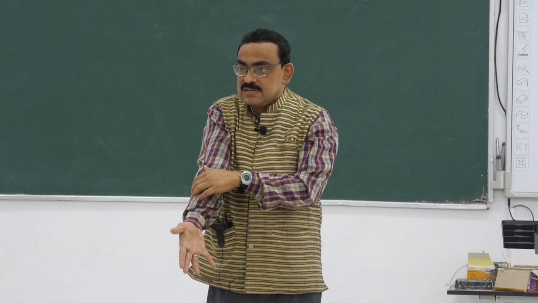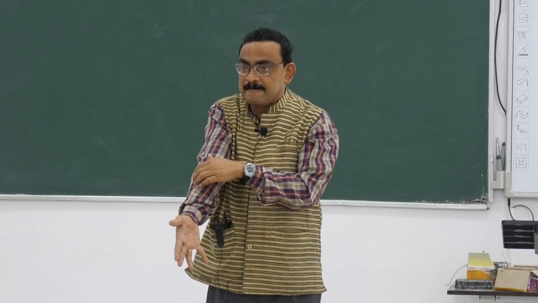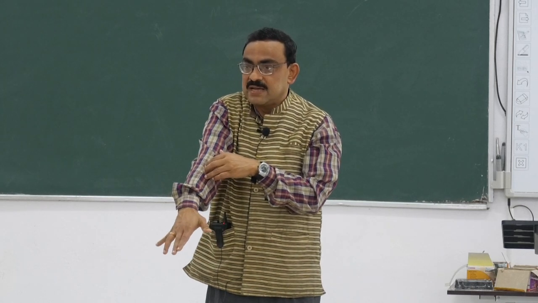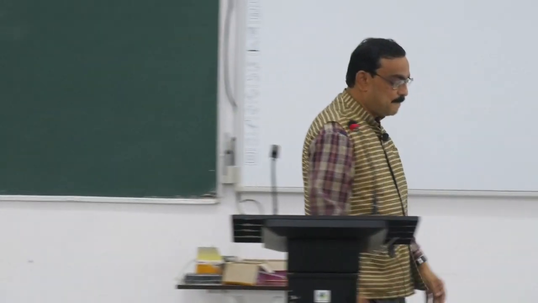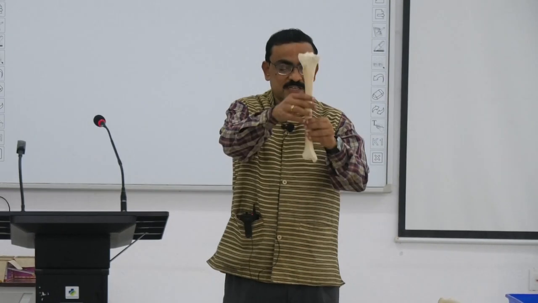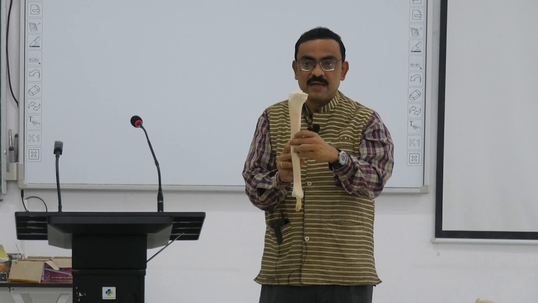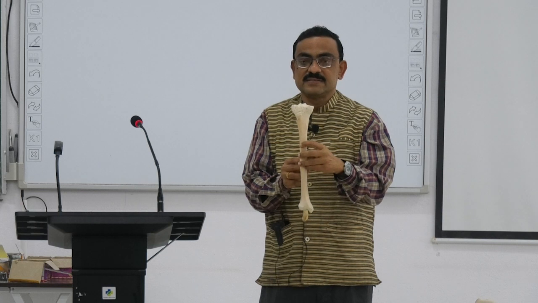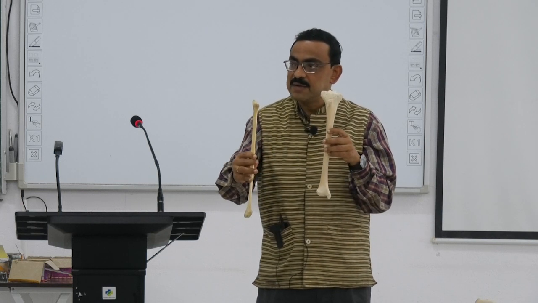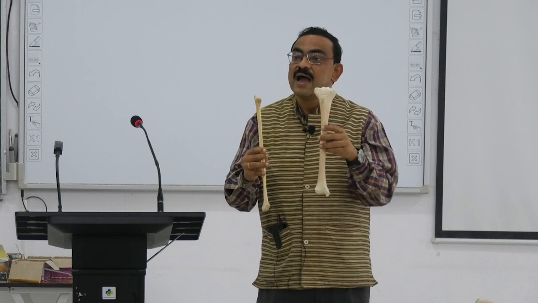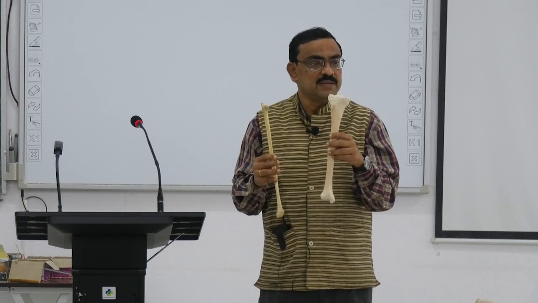So tibia was here, and after medial rotation, it is placed medially. So there is a rotation, and after rotation, first it was like this, and after rotation, this becomes lateral and this becomes medial.